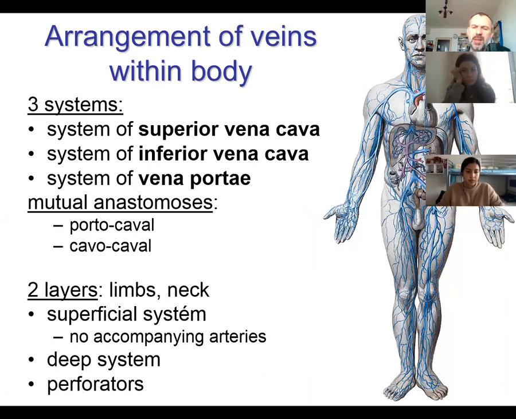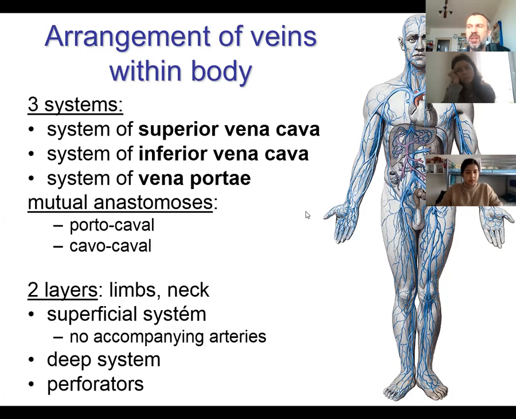We have two independent systems which drain separately into the heart. And that's the system of superior vena cava, which drains the head, neck, upper limbs, and thorax. And inferior vena cava, which drains the abdomen, pelvis, and lower limbs.